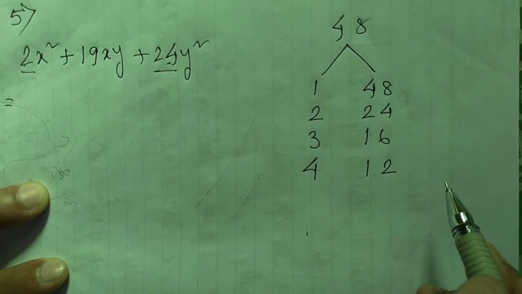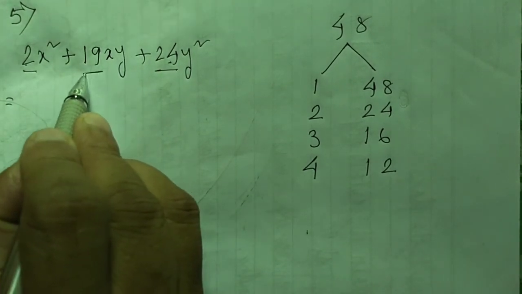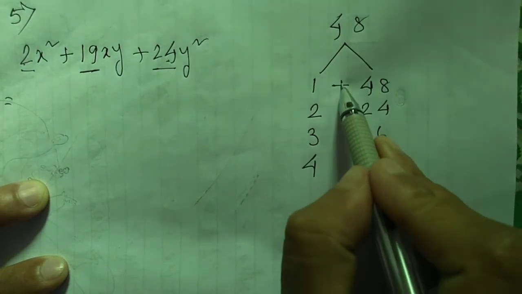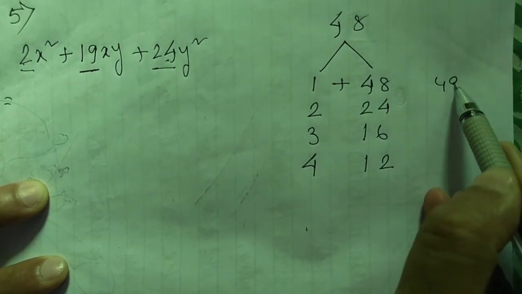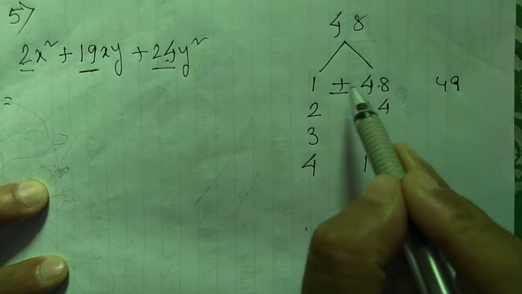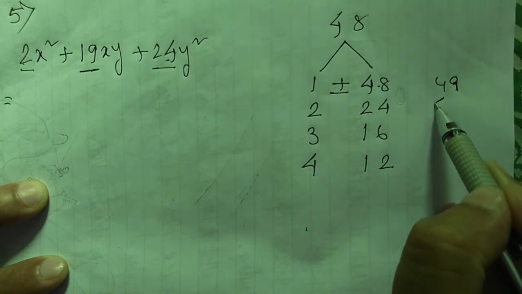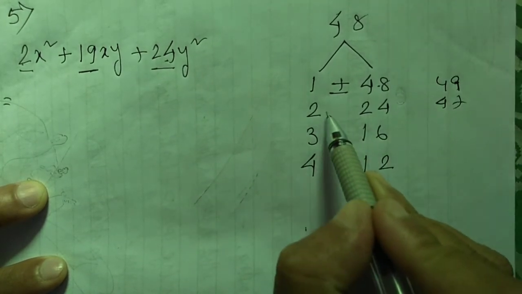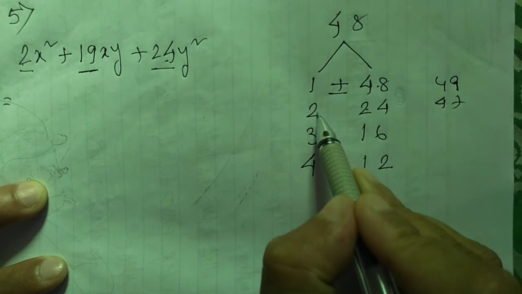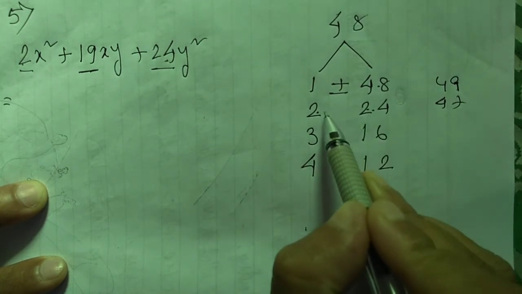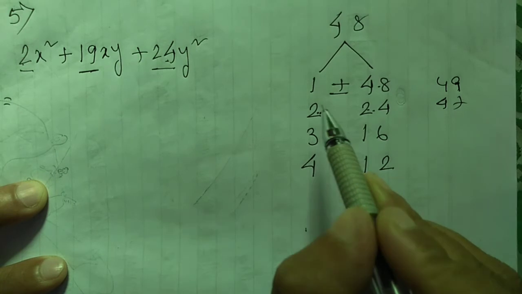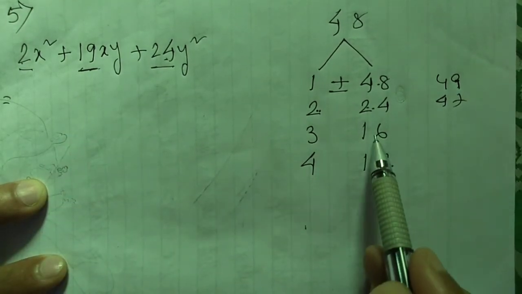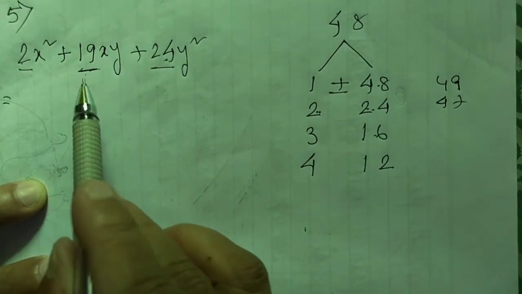Now let us see how we'll get this 19. 1 plus 48 is 49. 1 minus 48 minus 1 is 47. So we are not getting. 24 plus 2, 26. 24 minus 2, 22. We are not getting 19. 16 plus 3 is 19. Yes.